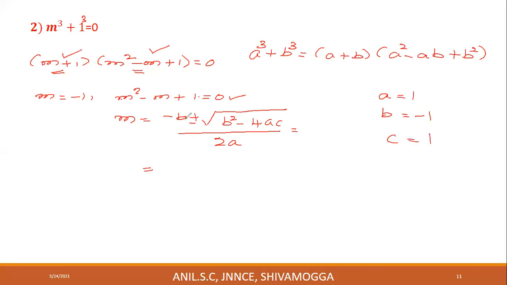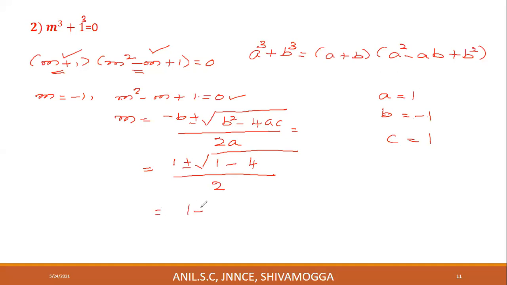Therefore, this is equal to minus b. B is minus 1, therefore minus b is plus 1. Plus or minus square root of b square, minus 1 whole square, minus 4ac, 4 into ac. A is 1, c is 1. Therefore, ac is 1. Divided by 2a. A is 1, therefore 2a is 2.